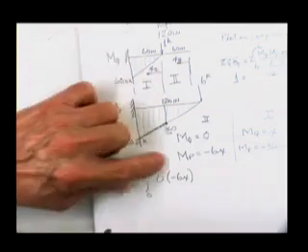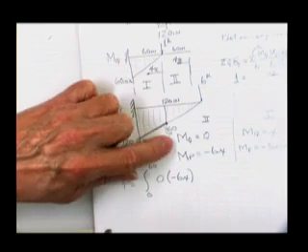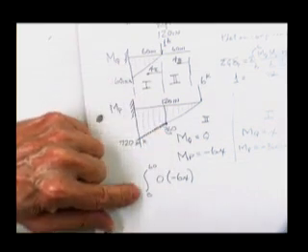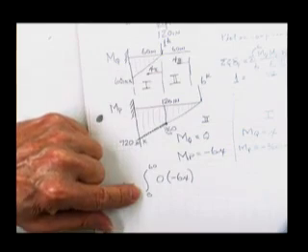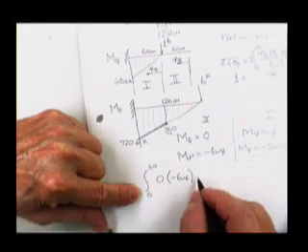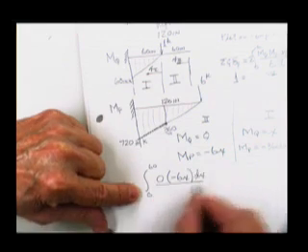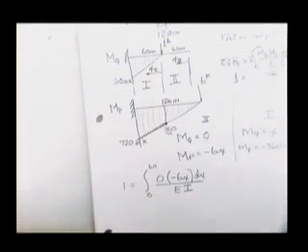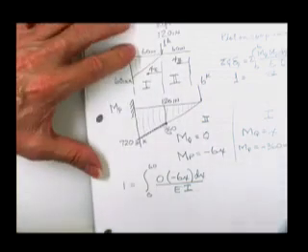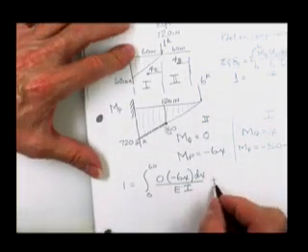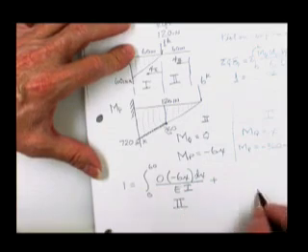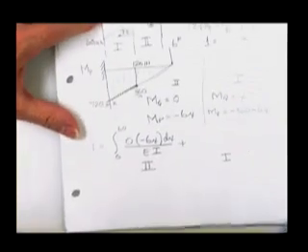That tells me that if either the real moment or the moment due to the unit load are 0, there'll be no contribution of deflection in that region. Times dx over EI. EI, if it's constant, can go outside the integral. Plus, this is for region 2. This is for region 1.